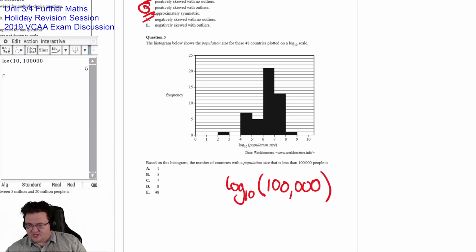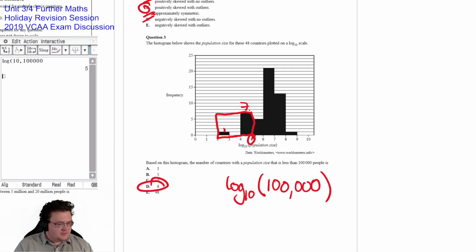So 5 is here. That means it is whatever is here. There looks to be 7 there and 1 there. So that means the answer is D. And 71% of people got that one right.